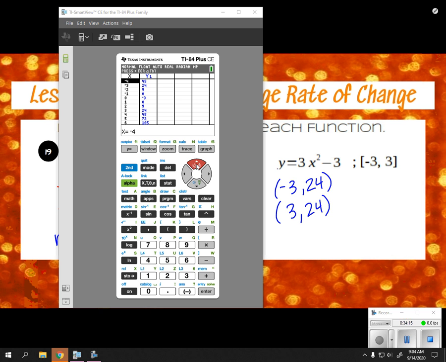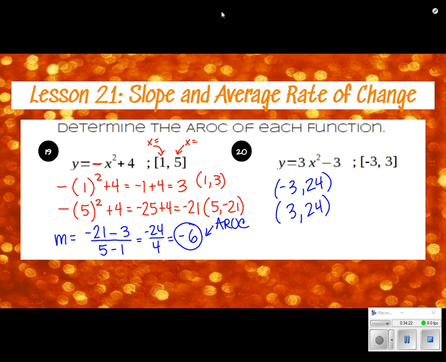So I used the graphing calculator to help me figure out what the y values were, and that is a shortcut that you are allowed to do. All right, y2 minus y1, 24 minus 24, which is interesting, over -3 minus 3, and 0 over -6. My slope, my average rate of change is 0.